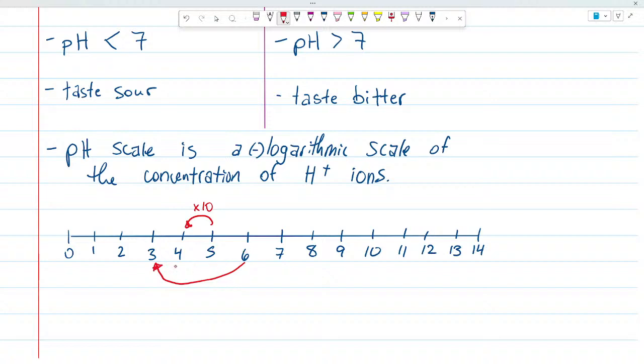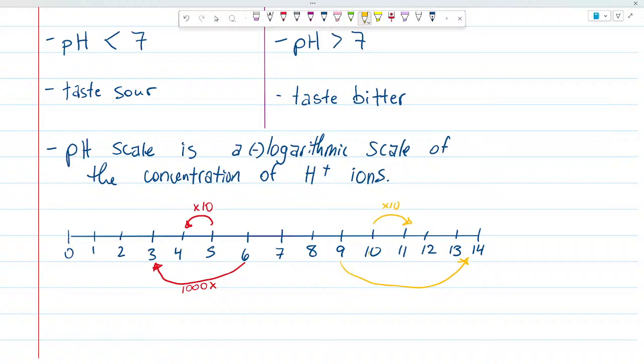So times 10 again would be 1,000. That's the way a logarithmic scale works. So an acid that has a pH of 3 is 1,000 times stronger than an acid that has a pH of 6. A base that has a pH of 11 is how much stronger than a base that has a pH of 10? 10 times.